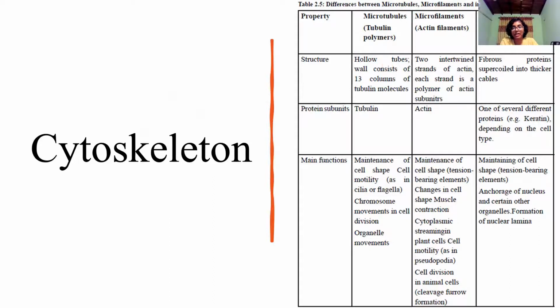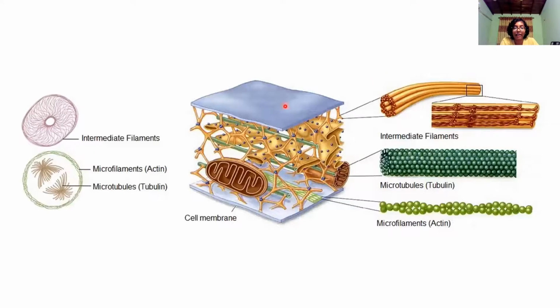There are three types of fibers in the cytoskeleton: microtubules, microfilaments and intermediate filaments. Microtubules are made up of tubulin polymers. Microfilaments, also known as actin filaments, are made up of actin, and intermediate filaments are made up of several proteins. Keratin is one such example. Talking about the structure here, you can see I have a picture.